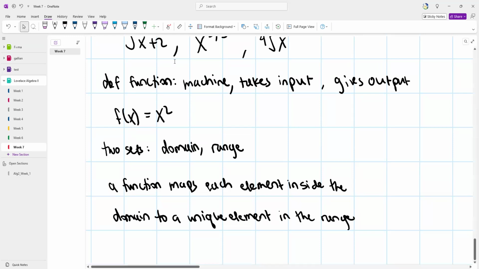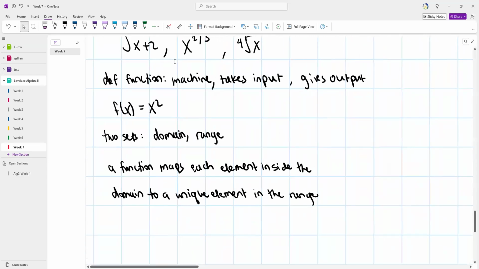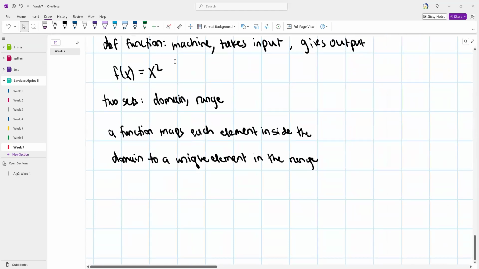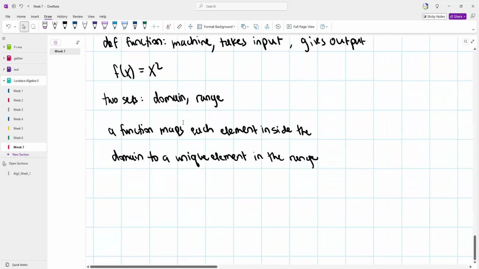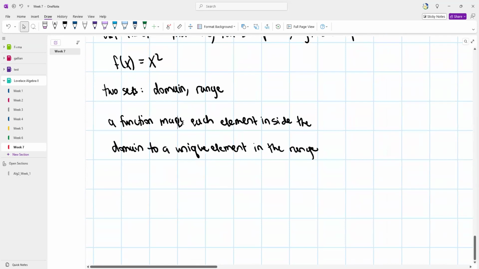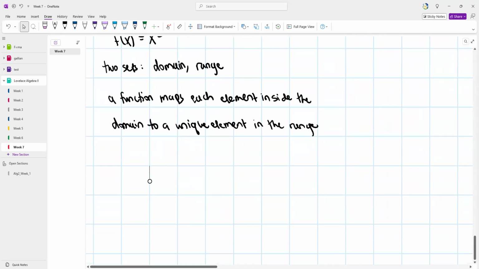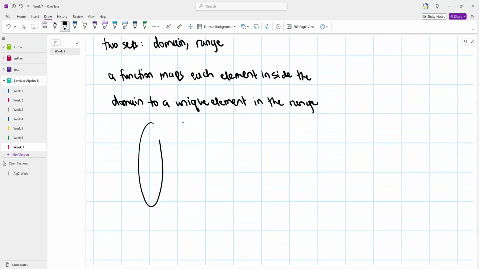Here's another way we can think about it. Maybe we have f of x equal to x squared, right? Let's just consider a few points: 1, 2, 3, 4. And then you have 1, 4, 9, 16, right?